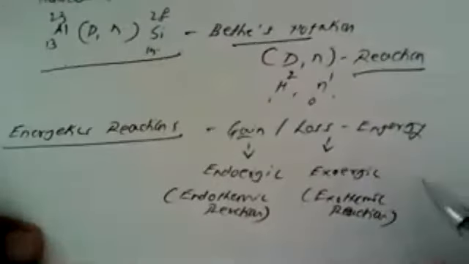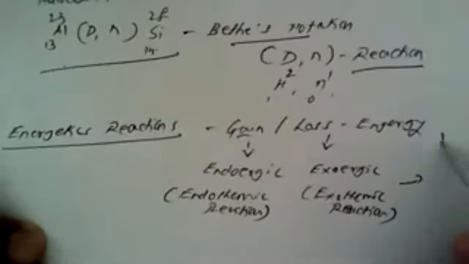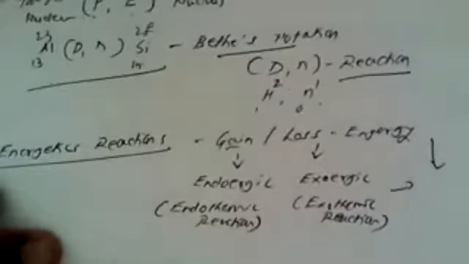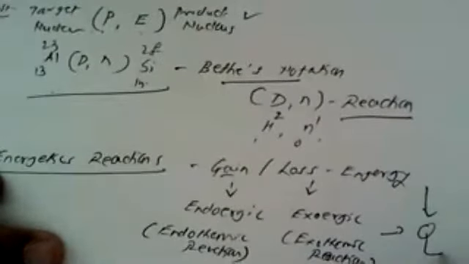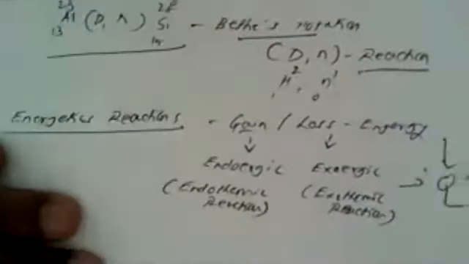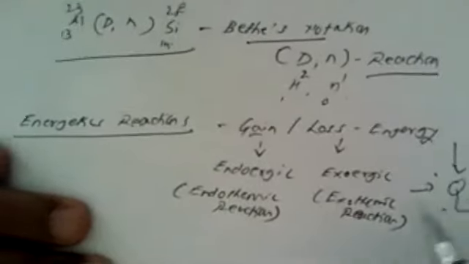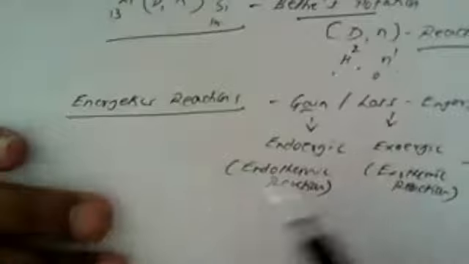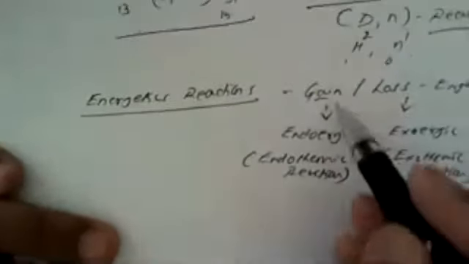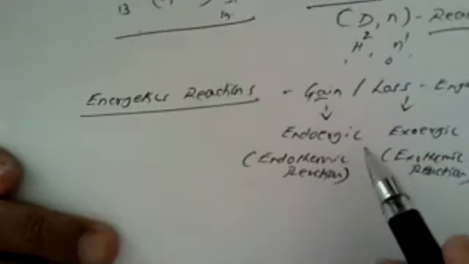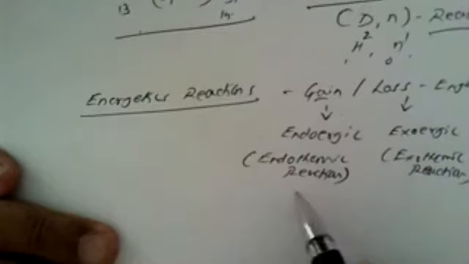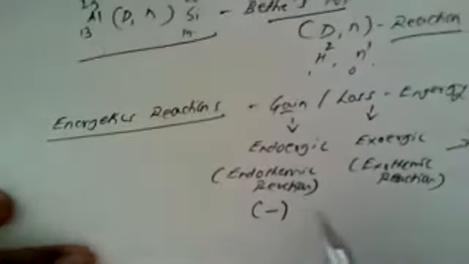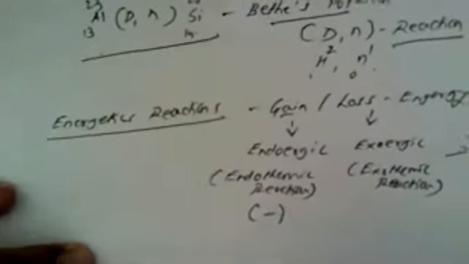Whatever energy is evolved is denoted by the letter Q. You should remember this letter Q, which is given for either gain or loss of energy. Whenever there is an endoergic reaction, or gain in energy, we assign a negative sign to the energy.